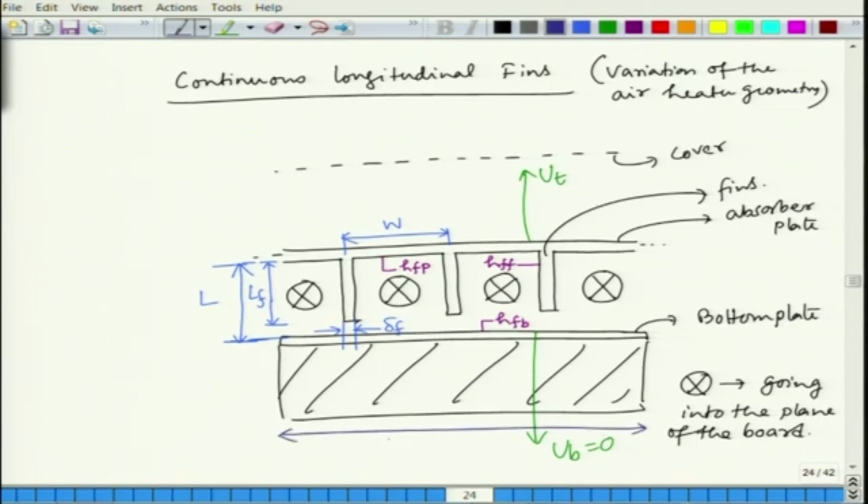So, let us say this dimension is L2. This is again the same convention we used for the conventional air heater without fin. So, this L2 is the length perpendicular to the flow direction.